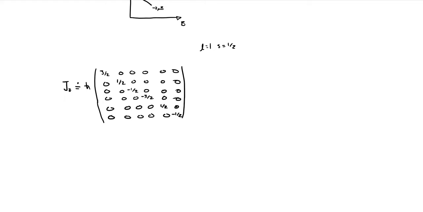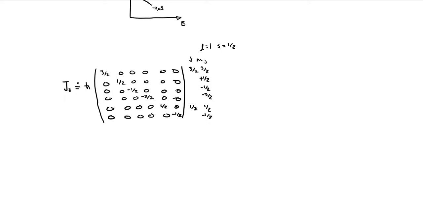It acts on those states where, in the J, m_J basis, we have 3/2, 3/2, then 1/2, positive 1/2, negative 1/2, negative 3/2, and then the 1/2, 1/2, negative 1/2 subspace here. This is the J_z operator, and it's diagonal.